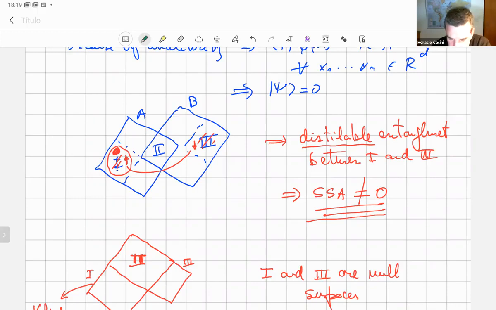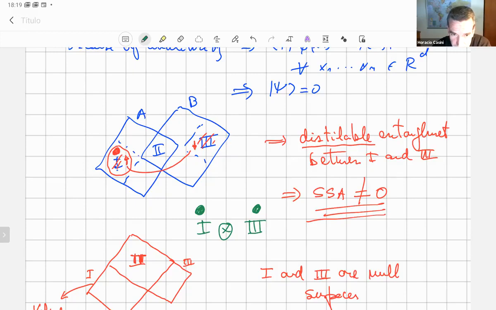The distillable entanglement means that if you have a bipartite system, let's call it here 1 and 3, the state is entangled in such a way that, acting with local operations and classical communication, you can obtain from this state an entangled EPR pair, a maximally entangled qubit.